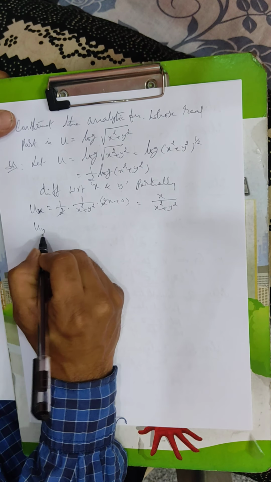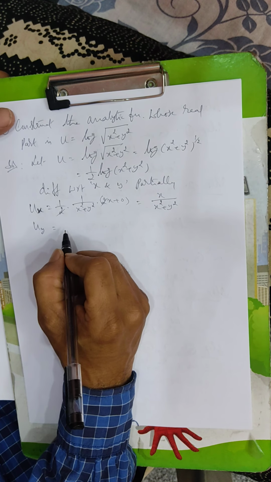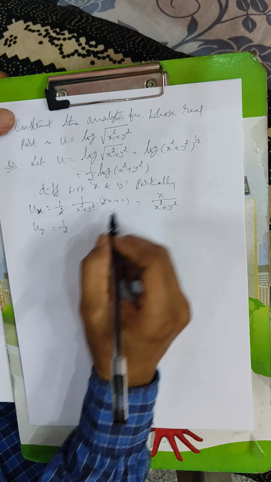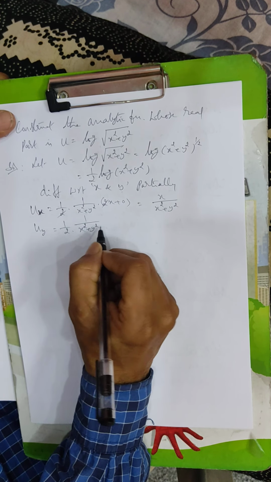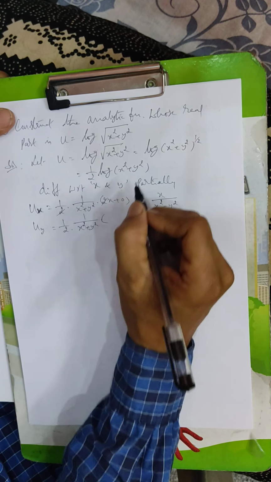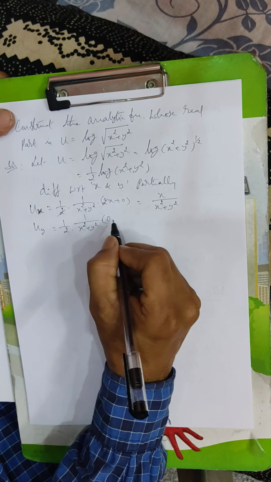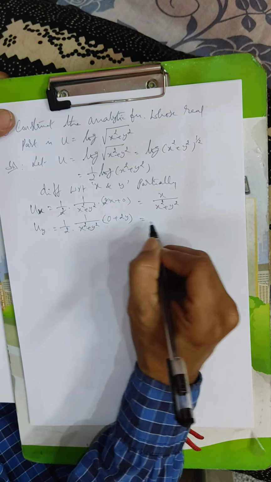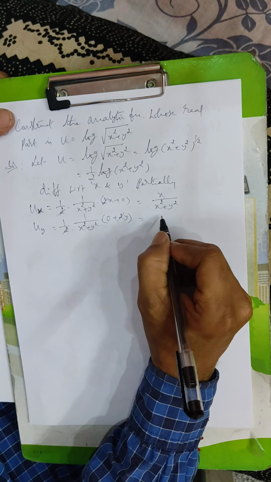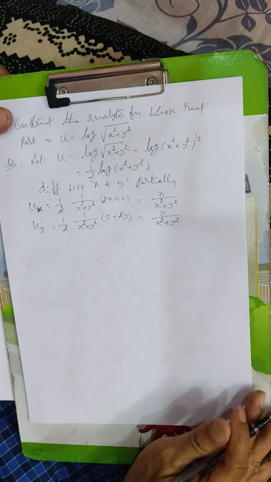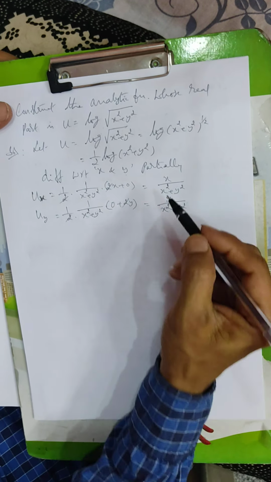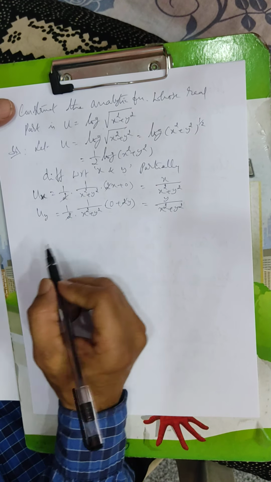Next, differentiating with respect to y, uy is equal to 1 by 2 is constant. Again derivative of log is 1 by x square plus y square into derivative of x square plus y square with respect to y, which is 0 plus 2y. So 2 gets cancelled, we get y by x square plus y square. So we got ux and uy.